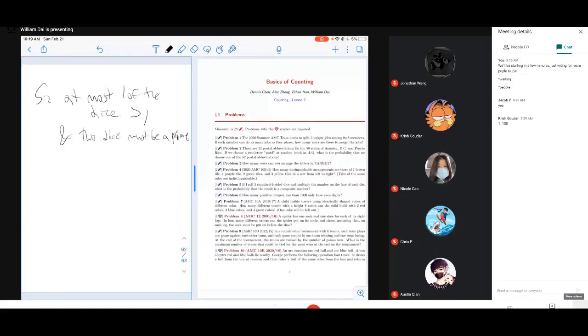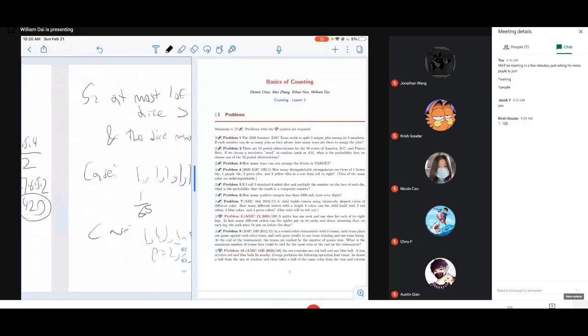Okay, so we do casework here. Case one, all of them are 1. So there's 1 over 6 to the power 5 here. The second case is we have 4 ones and 1 prime. So the prime can be 2, 3, 5. Oh, we're doing complementary counting.